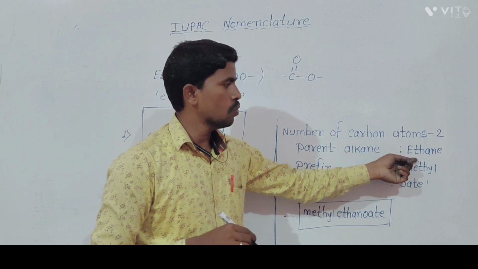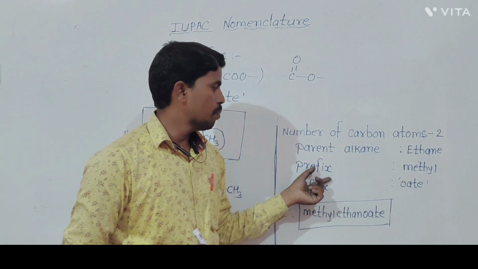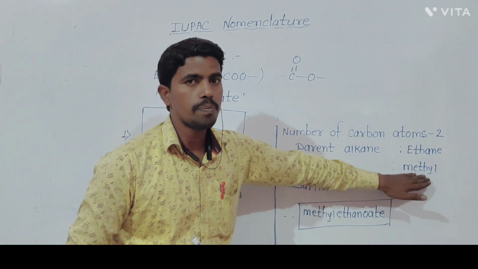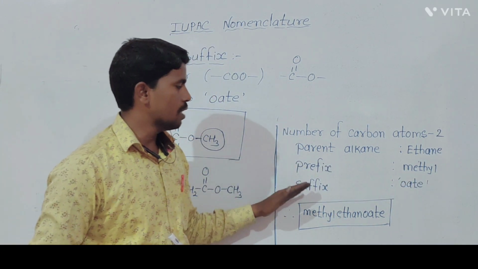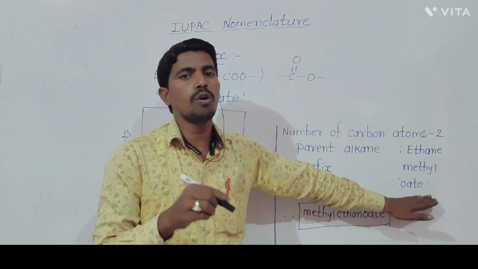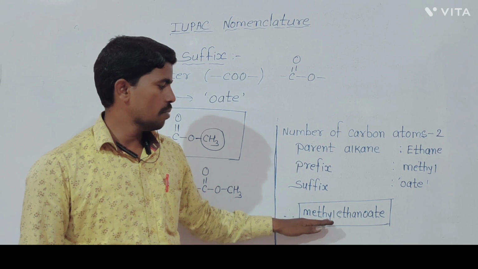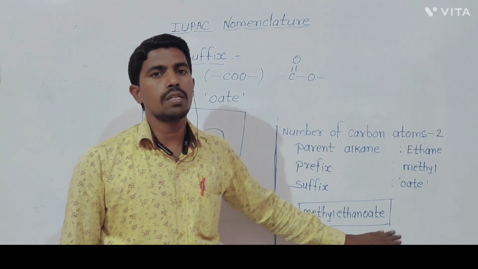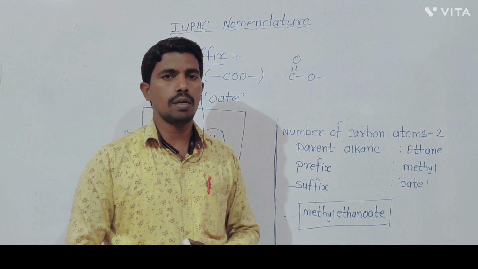The parent alkane of 2 carbon atoms is ethane, and the prefix is methyl. Methyl is a prefix for CH3 and the suffix is OATE, and therefore the name of the given compound becomes methyl ethanoate.